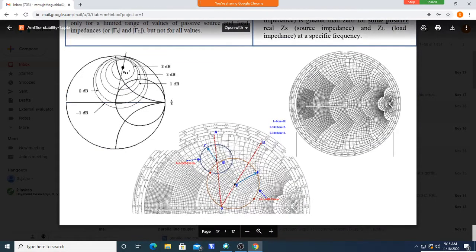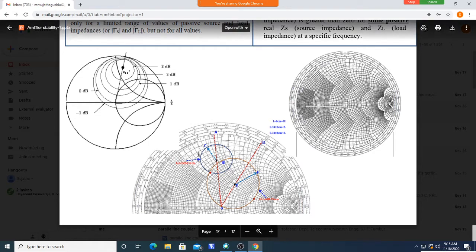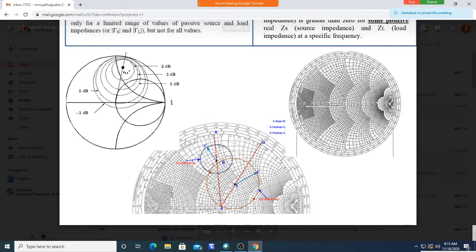See, here is a gain circle. If from the stability check you come to know that the amplifier is unconditionally stable, then you can use any value over this Smith chart that doesn't increase the value of Γin and Γout greater than 1.